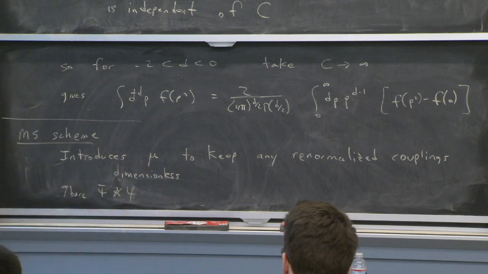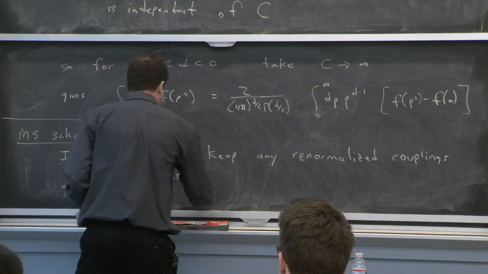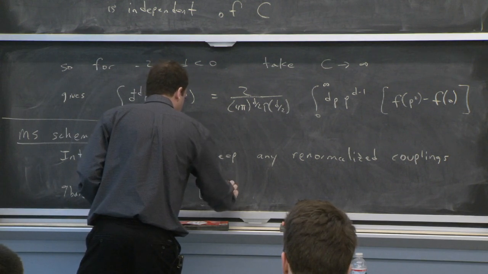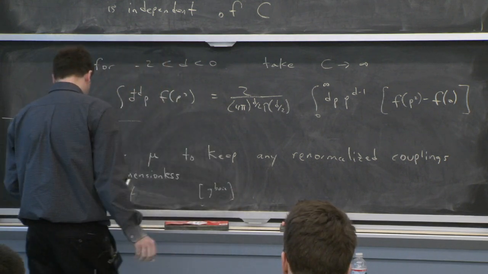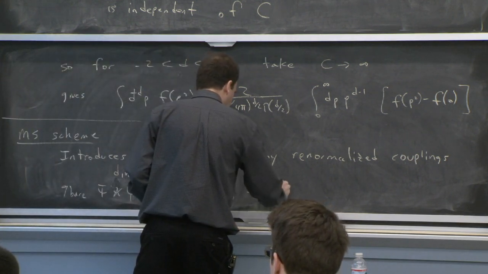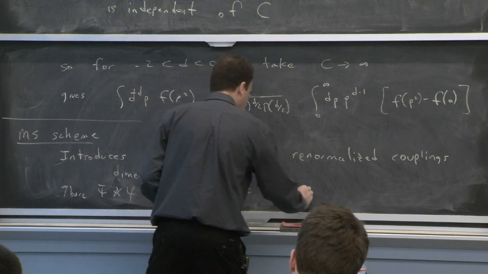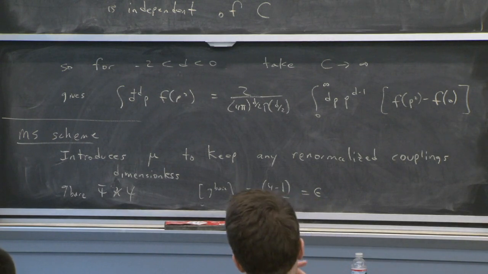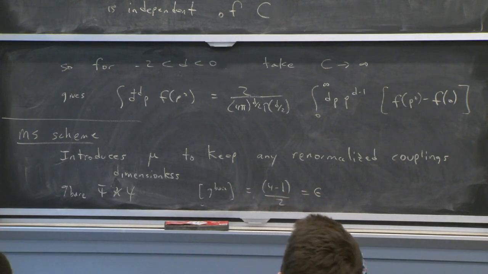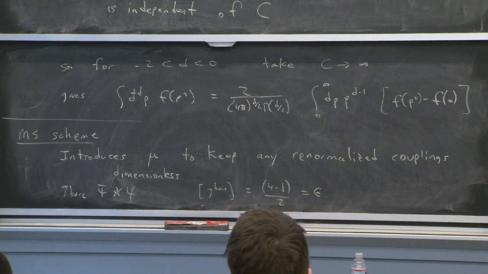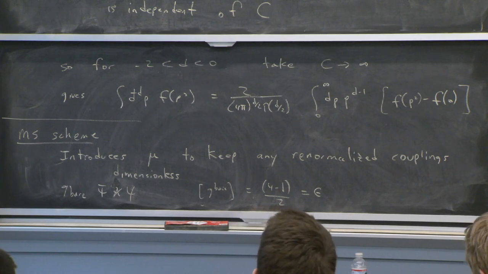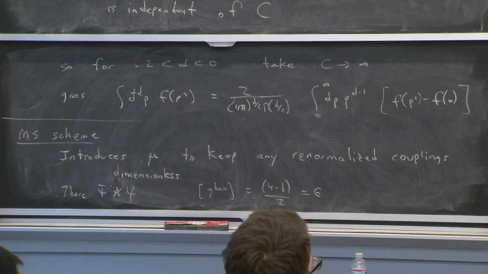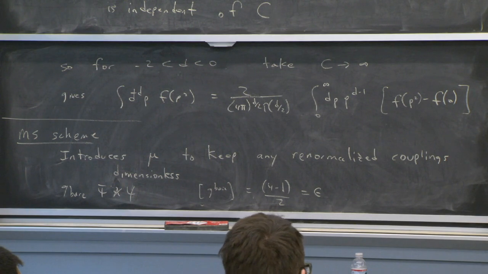So the example you're familiar with is just having a gauge coupling. And if you go through the dimensions of the fields here, which I do in my notes, but I'm going to assume that you've got some familiarity with this, you find that the bare coupling has dimension epsilon. And so you define a renormalized coupling that's dimensionless. And you introduce a factor of mu to the epsilon.